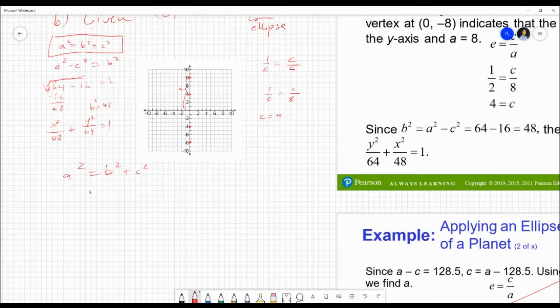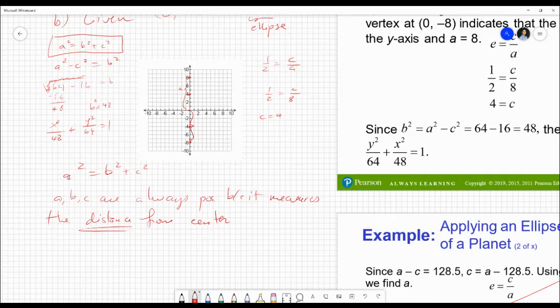Now, anytime we're dealing with A, B, or C, they're always going to be positive values, because they measure distance from the center. Anytime we're dealing with distance, we only deal with positive values, because negative means we are in the opposite direction. And also because A is measured from here to here. That's the distance, right?